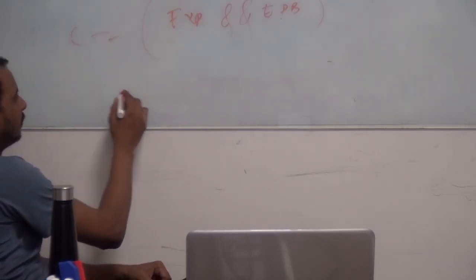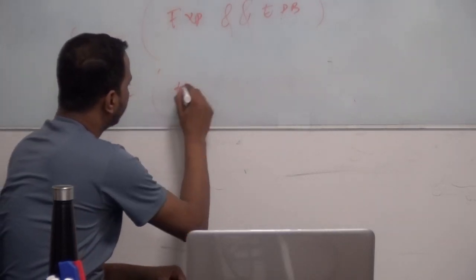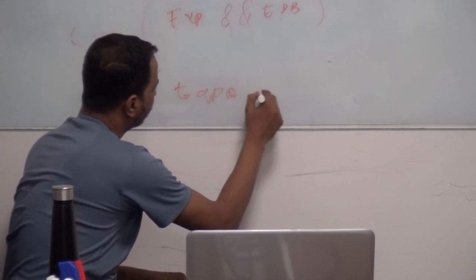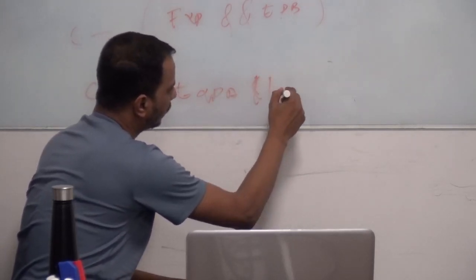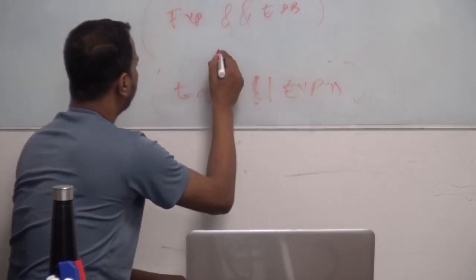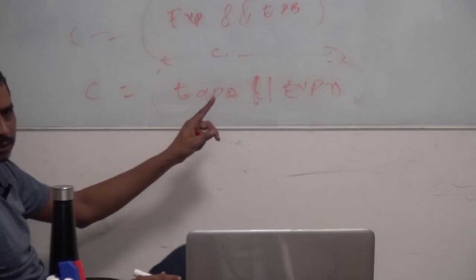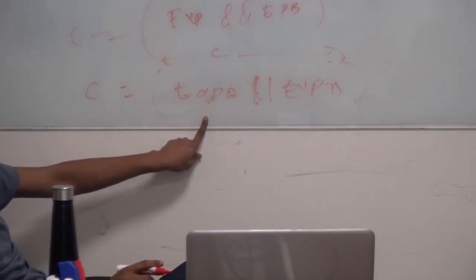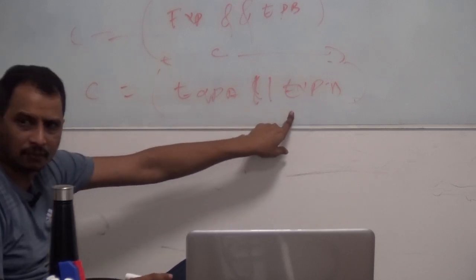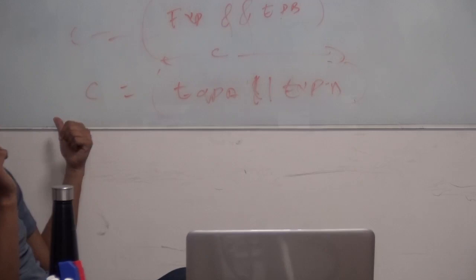Now, when we are having or, this is pipe expression B, and suppose this is C. Here it is a little different. Suppose the result of expression A is false and B is false. This is the only scenario where C will be false.